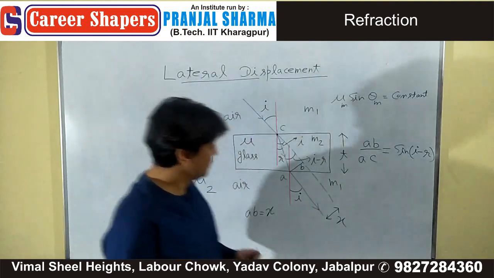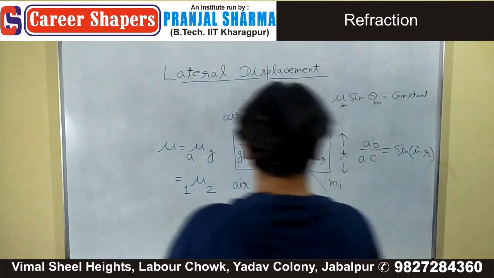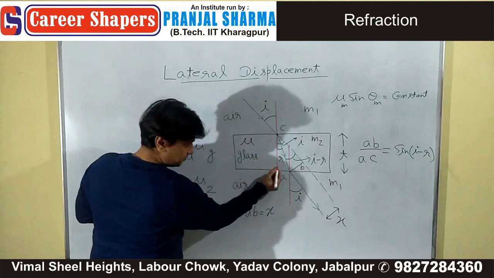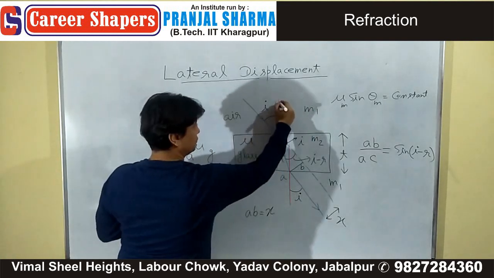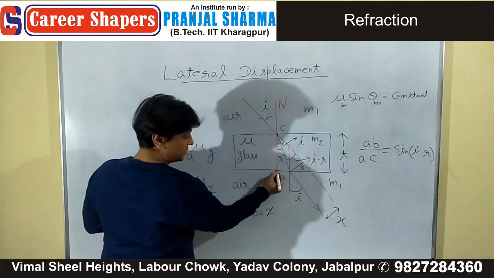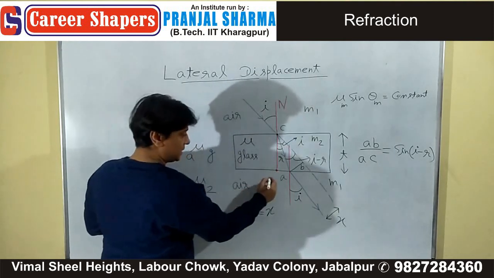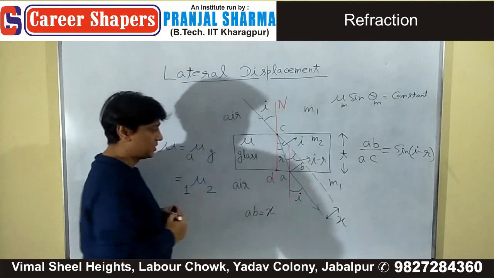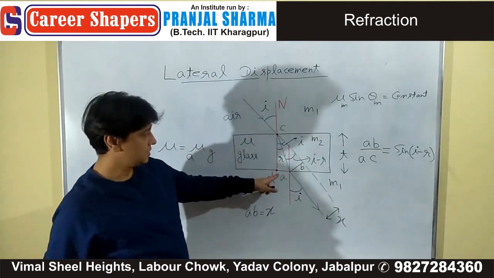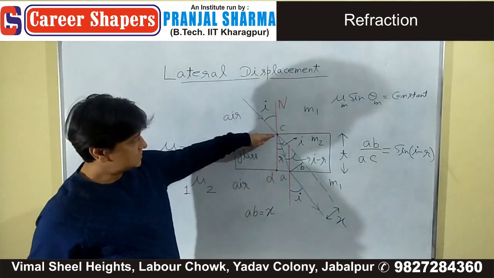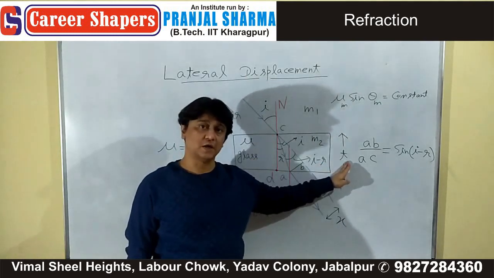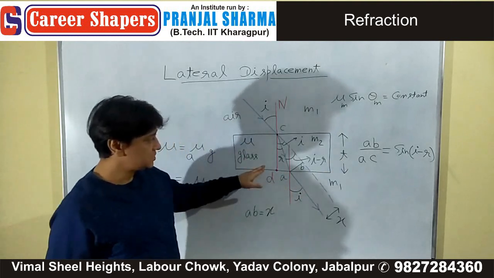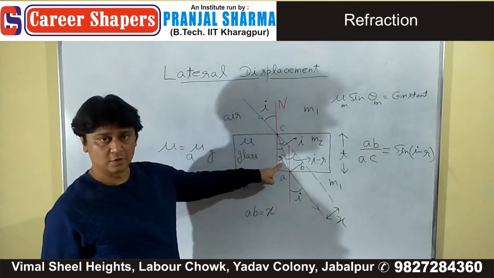If you join this normal at this point, let's call it D. If this point is D, then CD is known. That is the thickness of the glass slab. CD is known, R is known.